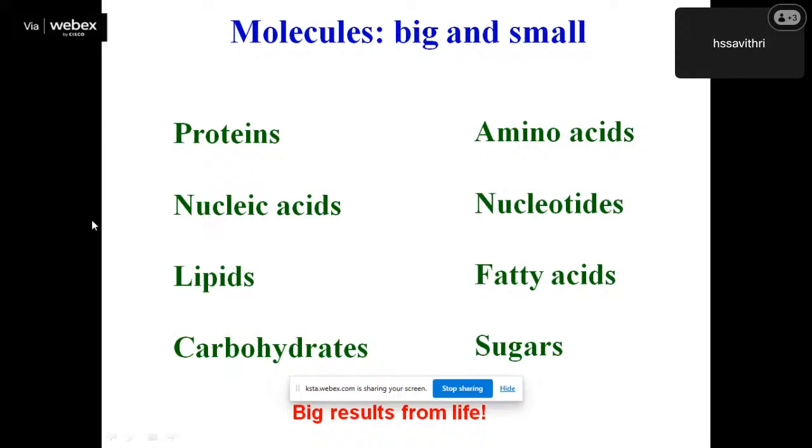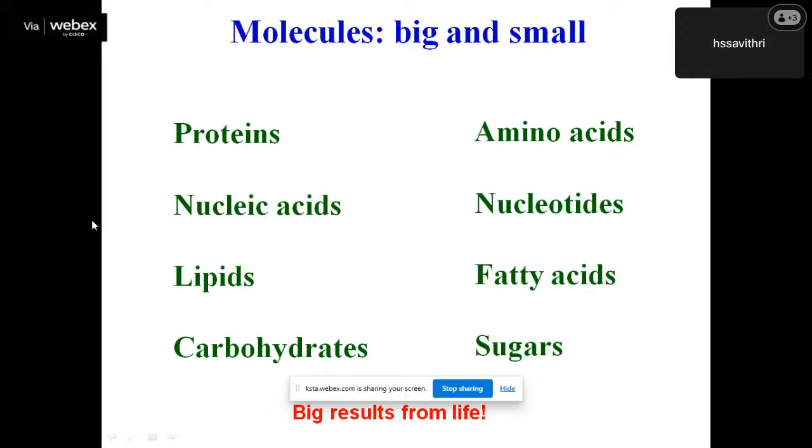If you look at the surface of Earth, which teems with living organisms, you will see the molecules on the right. Take soil anywhere on the surface of Earth, and you will find in that soil proteins, nucleic acids, lipids, and carbohydrates. These are relatively large molecules.